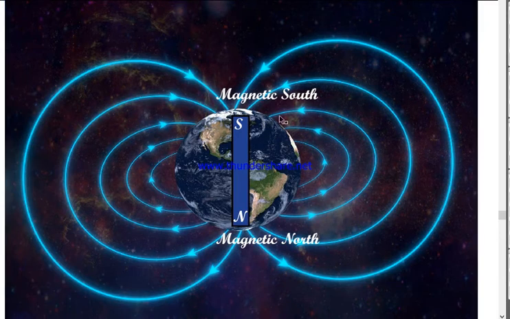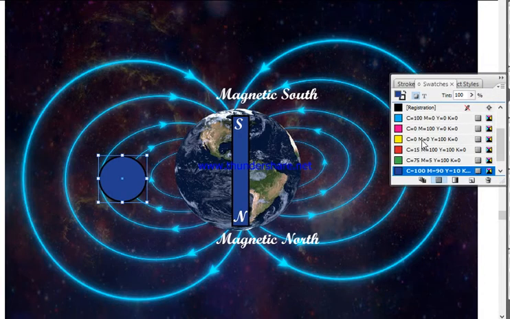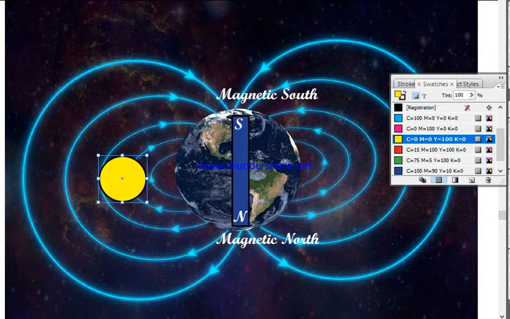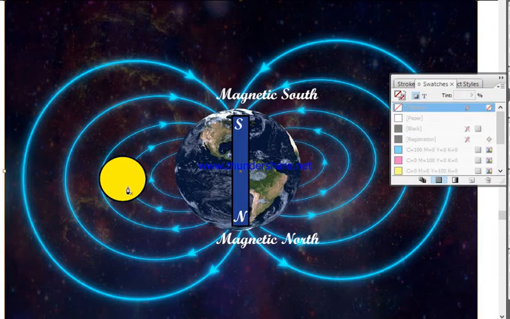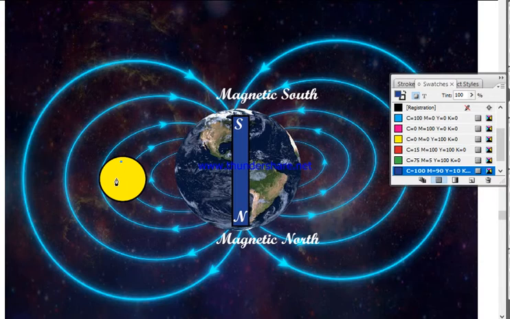Magnetic pole and geographic pole are just opposite to each other, and it also makes sense, because if you hold a compass or if you suspend a magnet freely, then what happens? You all know this.